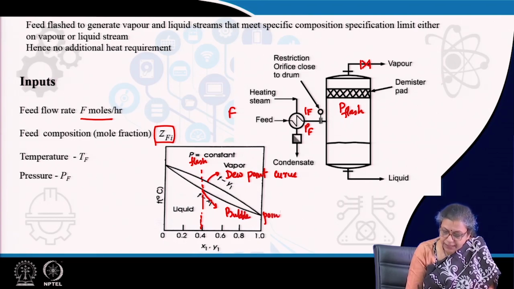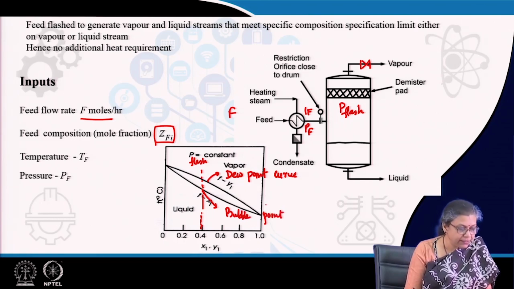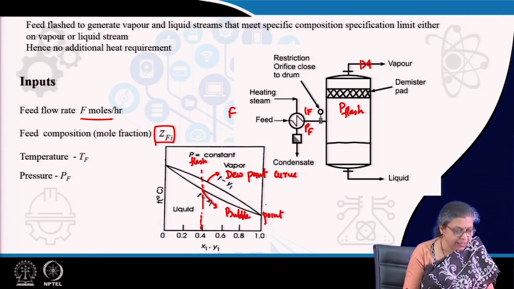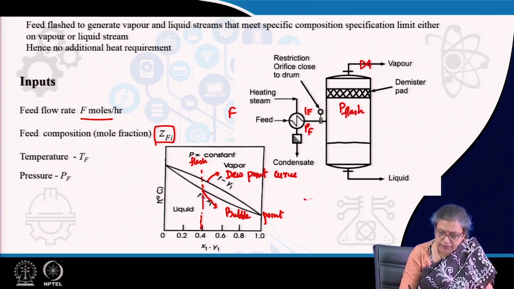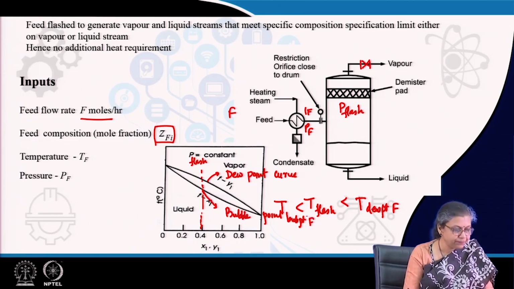So, the flashing should be such that the temperature of the flash lies between the dew point of the feed and the bubble point of the feed, right.